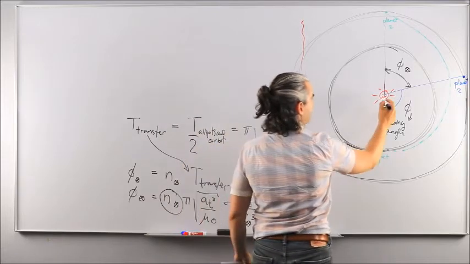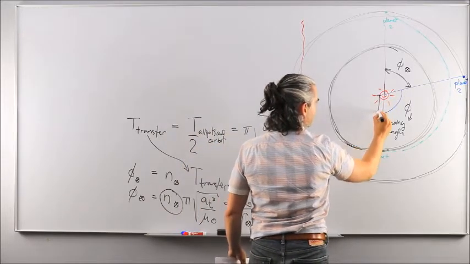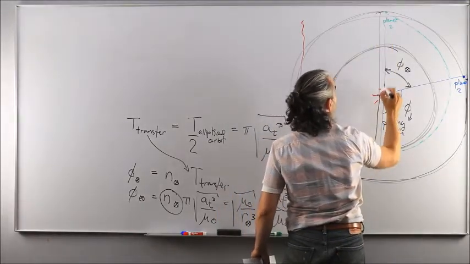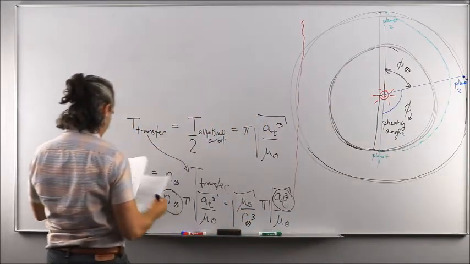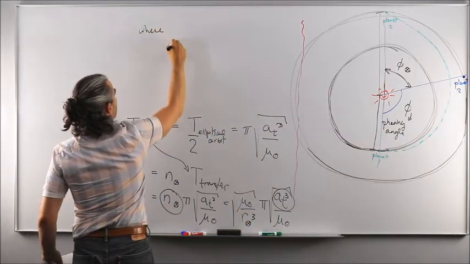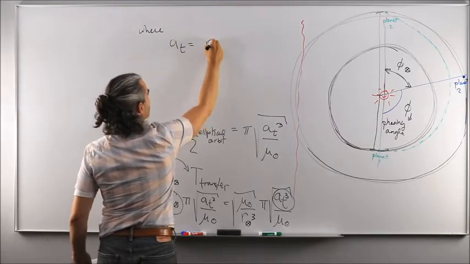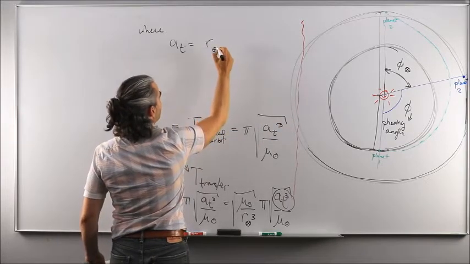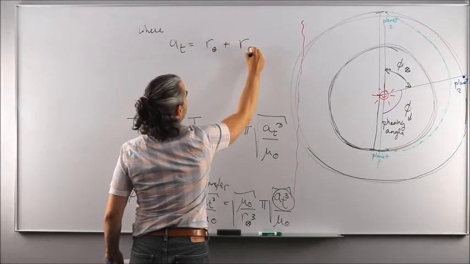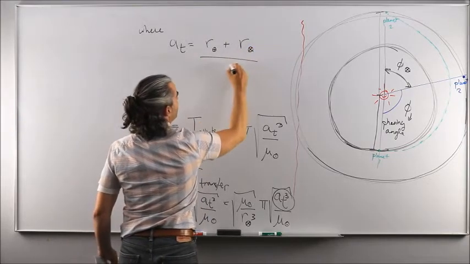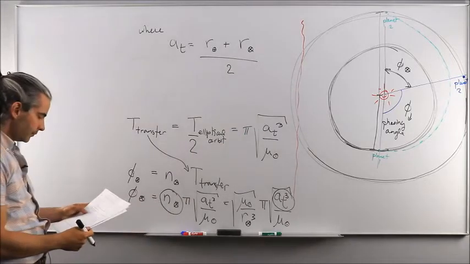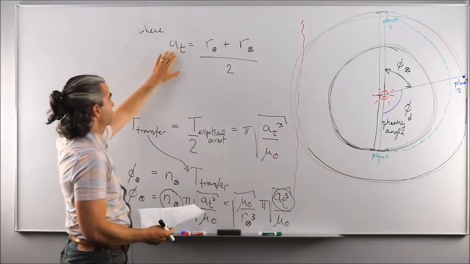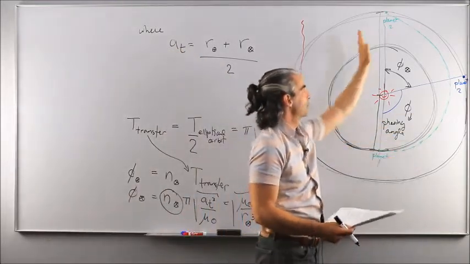And it turns out that the perigee distance will be the distance from sun to a planet, and the apogee distance of the transfer orbit in green will be the sun planet 2 distance, such that you could say a_T is actually the radius, in this example of the sun Earth, plus the radius of sun target planet, divided by 2. As simple as that. So as long as you know your home planet and the target planet you want to go to, you can easily figure out the semi-major axis of this elliptical transfer orbit.